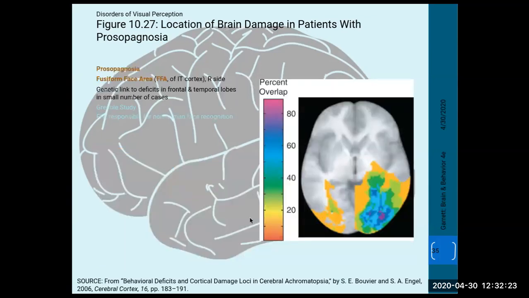And what the fusiform face area, here you see sort of in yellow, on the right side is that there are some people that have genetic defects, or if there's brain damage specifically to that specific area of the brain, it causes a disorder that we call prosopagnosia. And prosopagnosia is the inability to recognize faces.